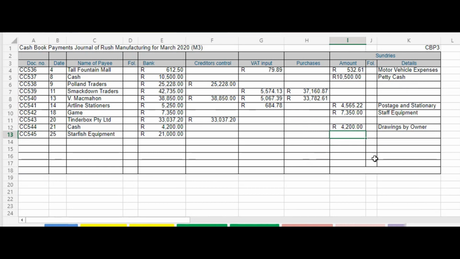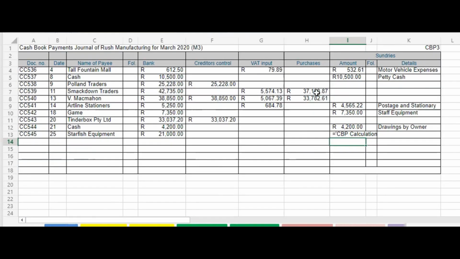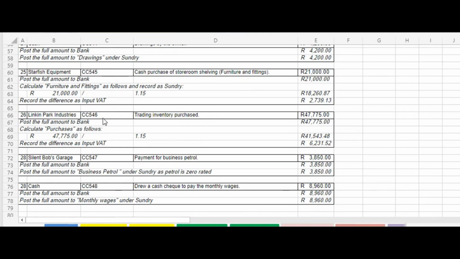So remember, everything that we record in this journal actually comes from the calculations. So here we say it's the 18,000. Okay, and there it is. And then the VAT is the difference between the two amounts, and the account is furniture and fittings. Okay. Almost done with this journal.